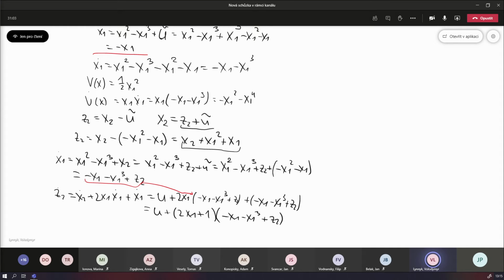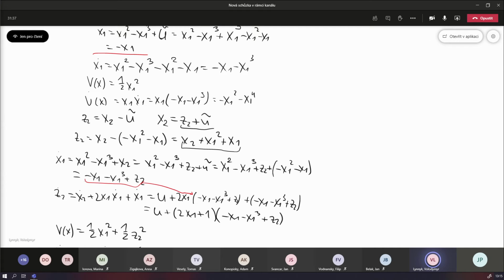And now we take a positive definite function V(x) equal to 1/2 x1 squared plus 1/2 z2 squared, and the derivative equals x1 x1 dot plus z2 z2 dot.